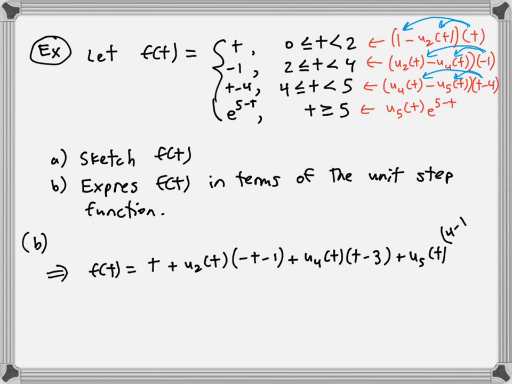This looks a little messy. Let me write it on the next line here just because I ran out of space. So this is going to be plus u5 of t times, again, 4 minus t plus e to the 5 minus t. Okay.